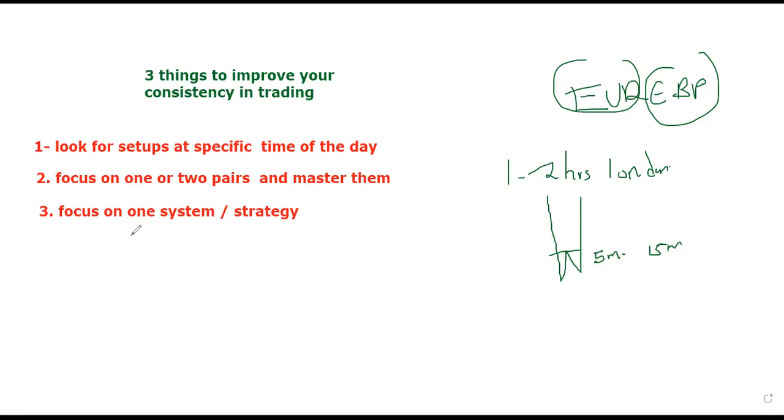The other thing is, you need to focus on one or two pairs so that you can master them, because you can't master all the pairs, the way they move.